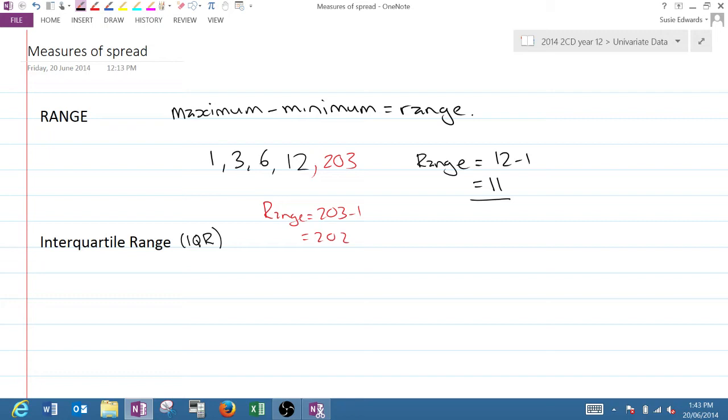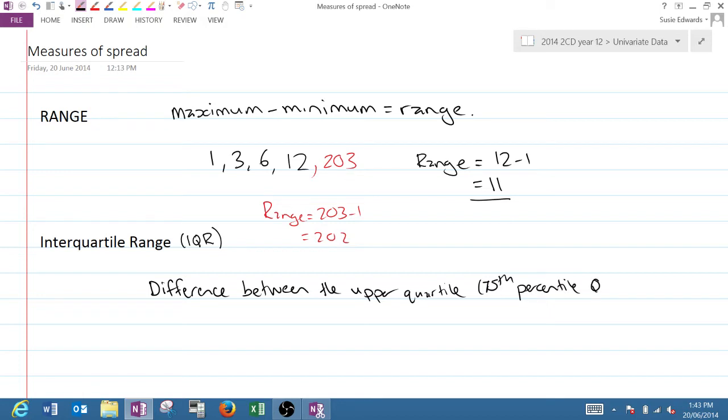But this time, it's the difference between the upper quartile, which is also called the 75th percentile or Q3.